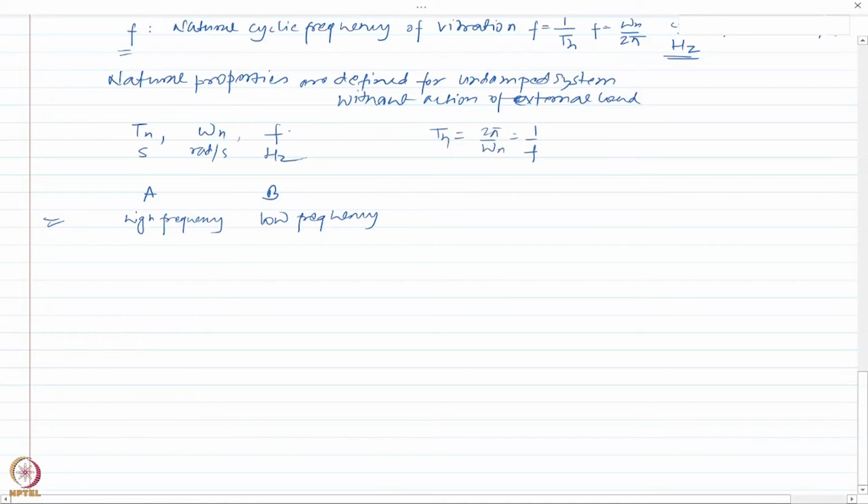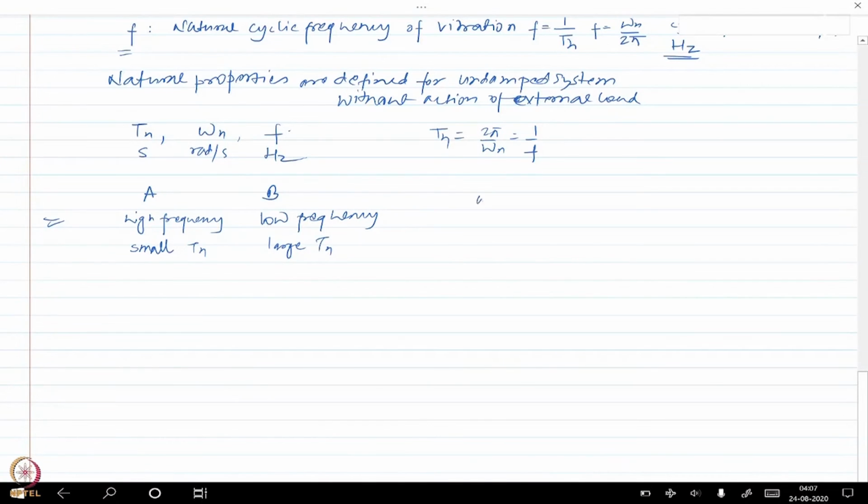So it is inversely proportional to the frequency. That means the time period Tn would be small, not large.